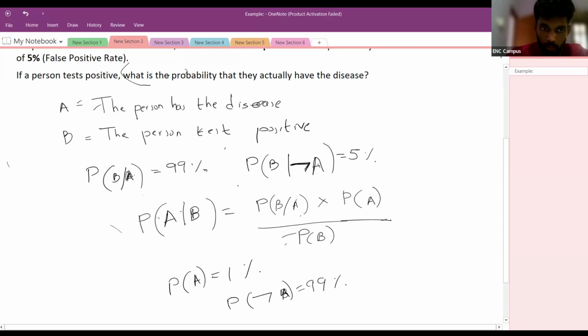The probability of a person testing positive even if the person does not have the disease is 5%, right? So this is what we need to calculate. We know this, and we need to find this probability of B.